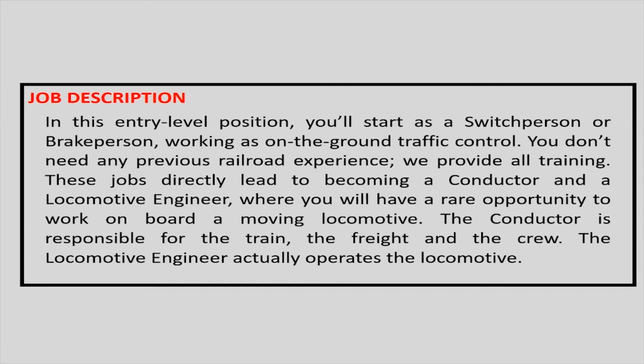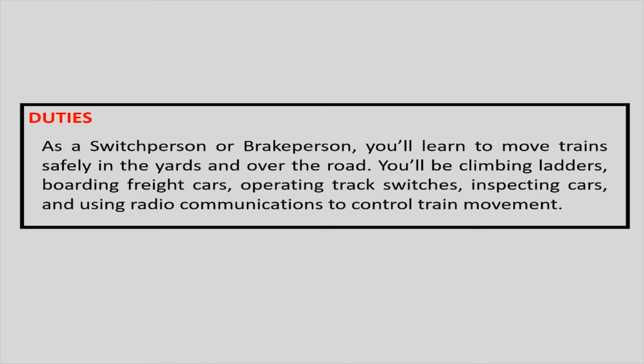So, as we can see, the job description gives an entire description of what would be required and the opportunities that a person applying for the job may have. Then come duties. It says, "As a switch person or brake person, you learn to move trains safely in the yards and over the road.